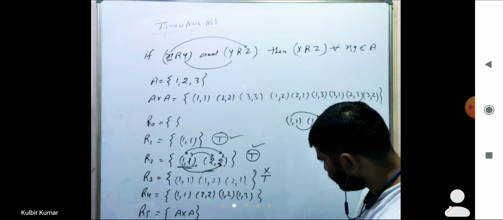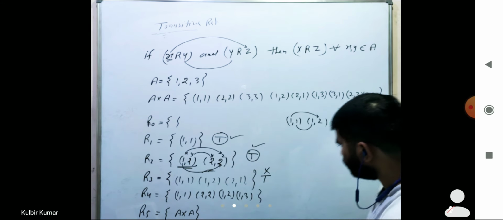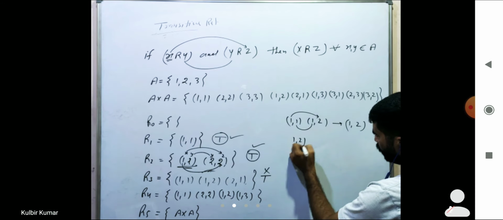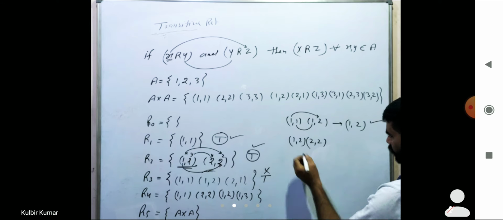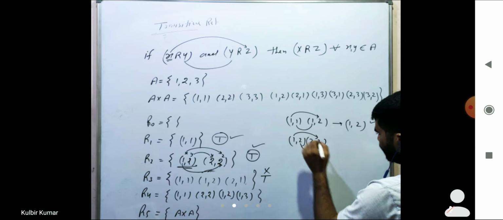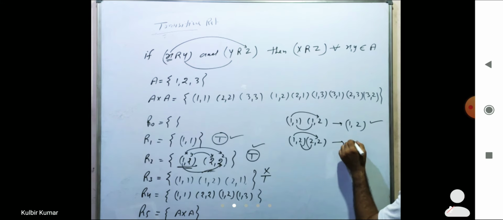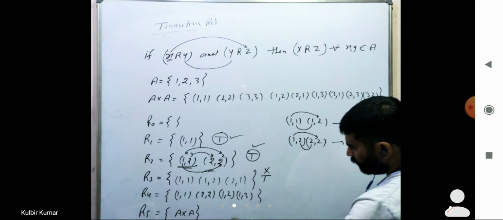What about the next case? If it is 1 comma 2, then 2 comma 2. Here 2 is matching with 2, meaning y is matching with y, so 1 comma 2 should be there. So 1 comma 2 is there. No problem. What about the next case?